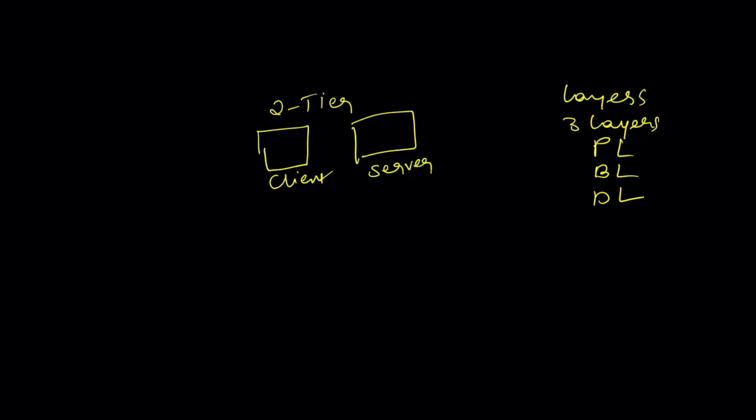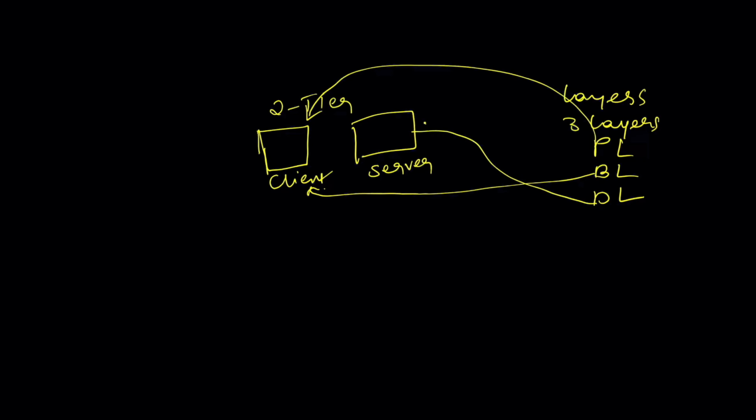So if I equally distribute it, what happens? The presentation layer should be on the client side, so it will be allocated here. Now I am also giving the business layer to the client itself, for example, and the data layer cannot be stored on the client side, so I will store it on the server side. In this case there are 2 layers here and 1 layer here. This becomes a fat client.